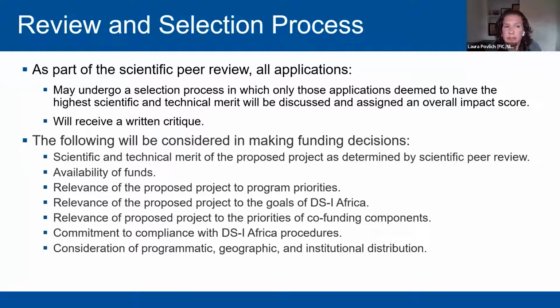And with the NIH peer review, it's important to note that each application will receive a written critique. So the applicants do receive the feedback from their application regardless of what the overall impact score is.